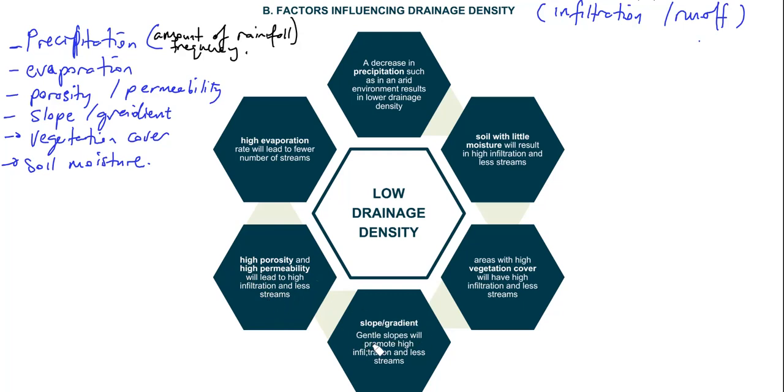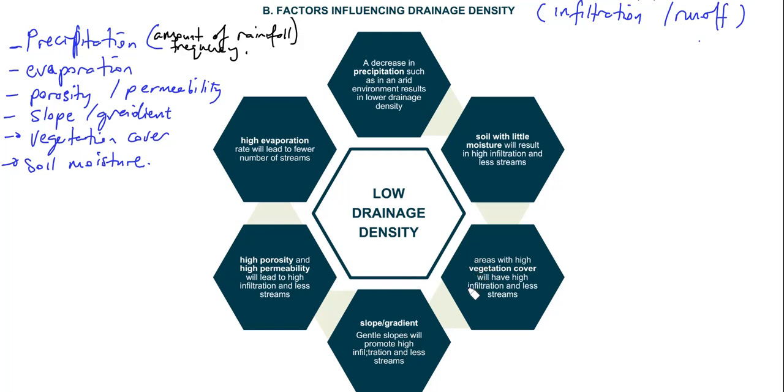Then let's talk of slope. A steep slope allows formation of more streams. But when the slope is gentle, what happens? It results in low drainage density because fewer streams will form. Gentle slopes are more like flat, so they favor infiltration, not runoff.